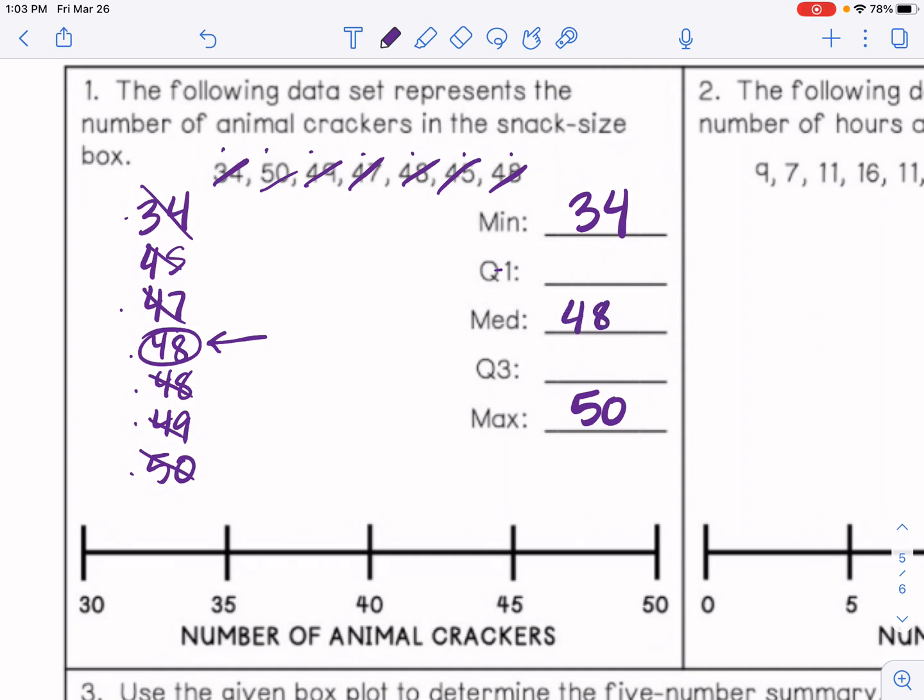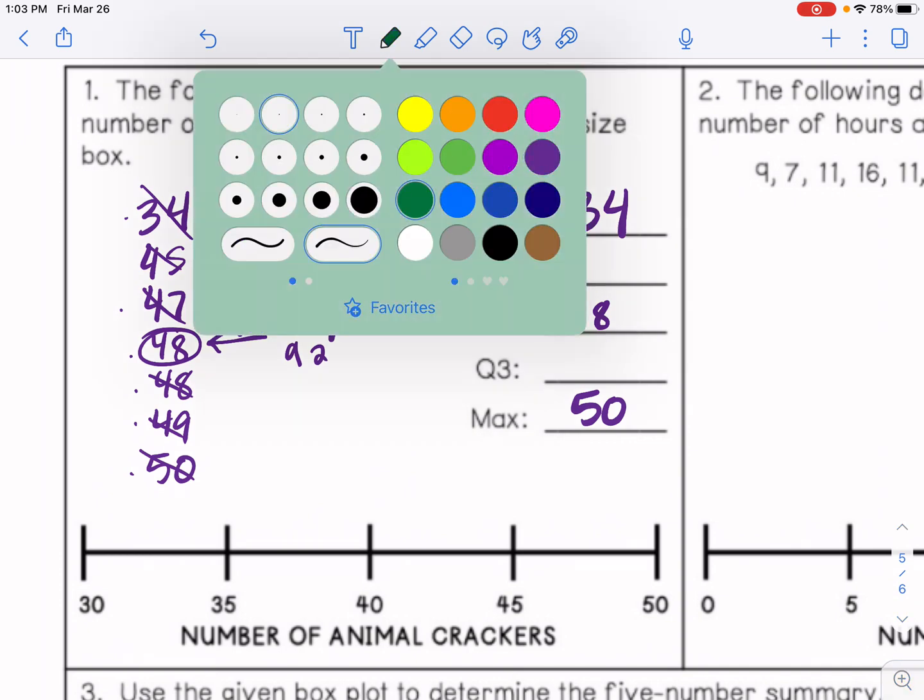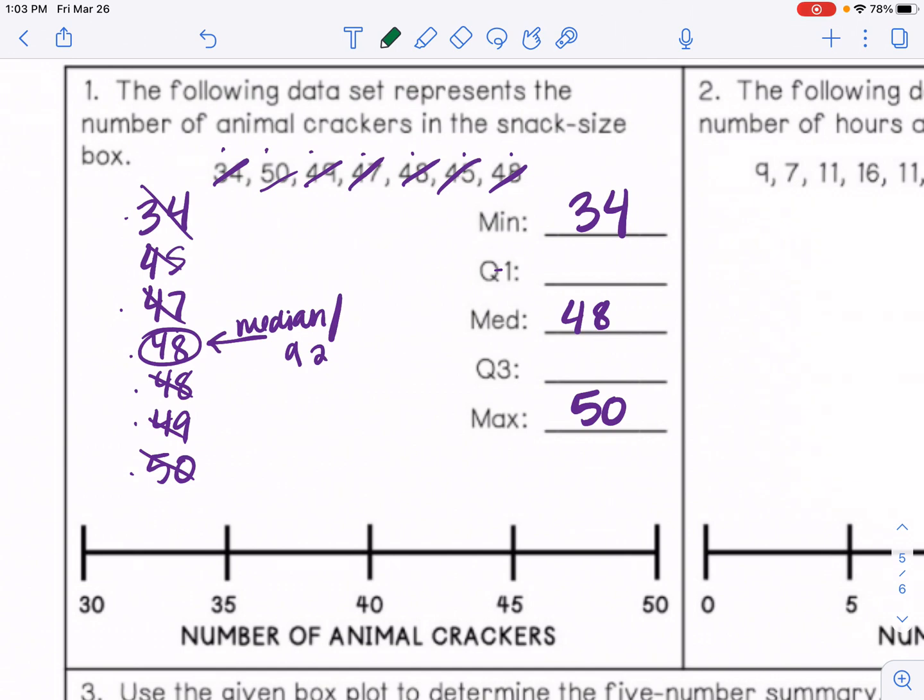As we've talked about briefly, the median is also known as Q2 sometimes, quartile 2, and we'll talk about what that means in just a second. All right, Q1, I'm going to switch my colors here. For quartile 1, I'm only going to look at the first half of my data. This is the lower half of my data, and I'm not including 48 because that is my median.